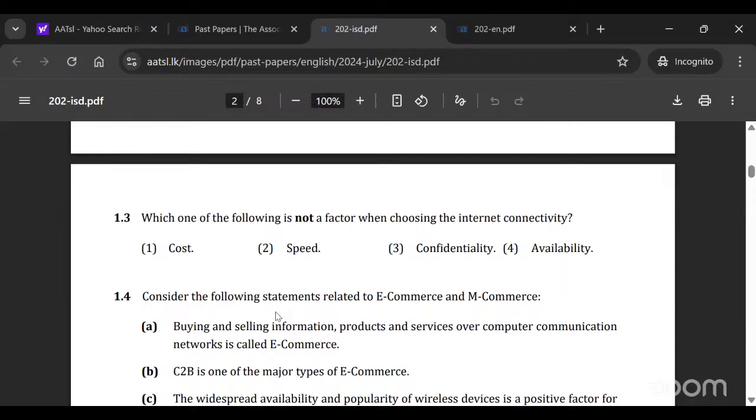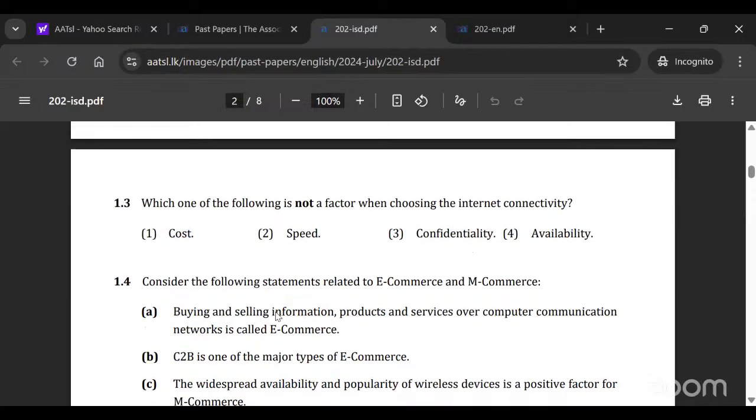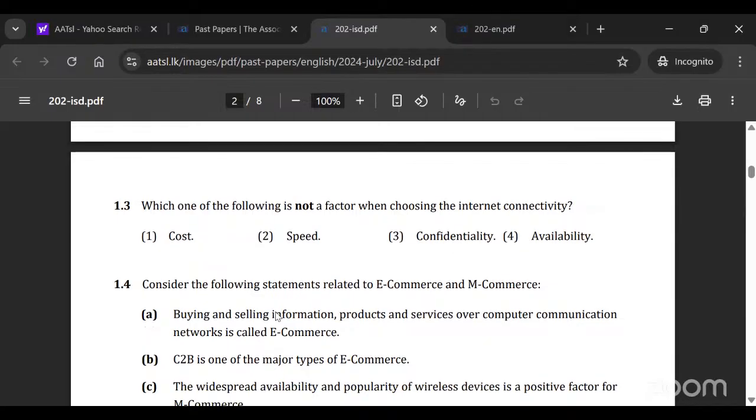Availability is very important. What is the availability, right? Is it free to buy? As an example, some high bandwidth connections are there. If it is not available in the particular region, then that is not available, right? The speed is not available. As an example, now we are using a normal ADSL line.